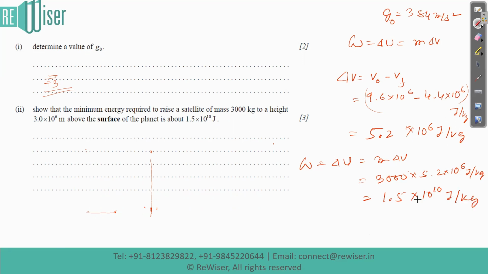So this is 1.56 into 10 to the power 10 joules, which is definitely close to 1.5. We are actually correct.